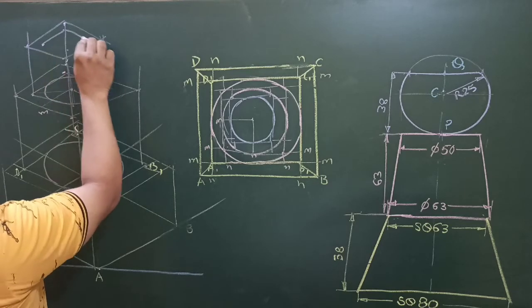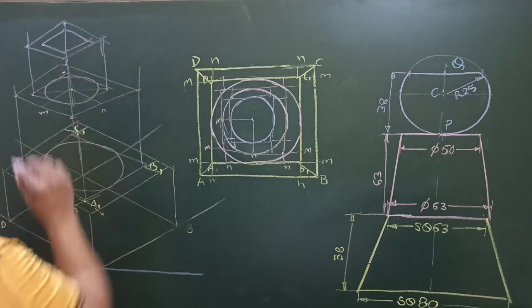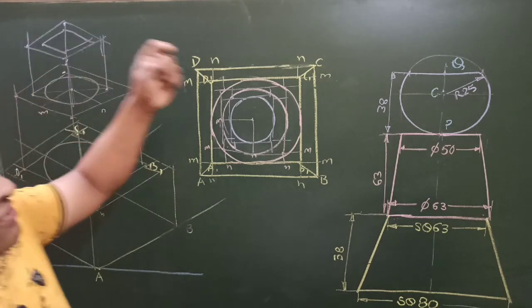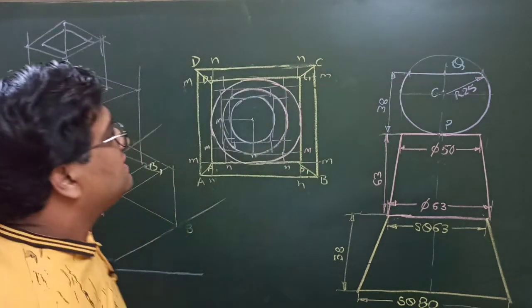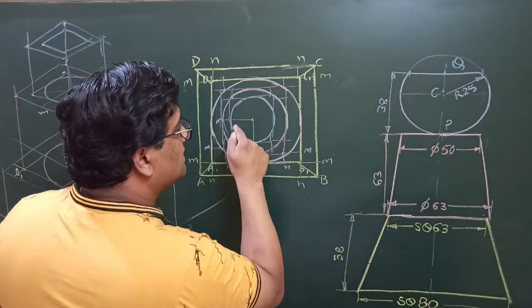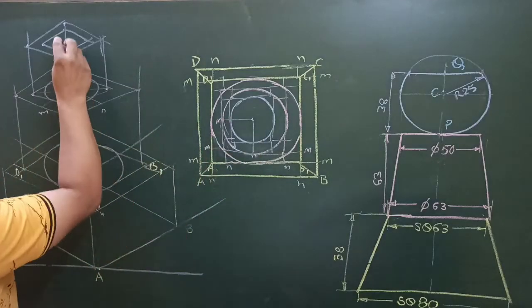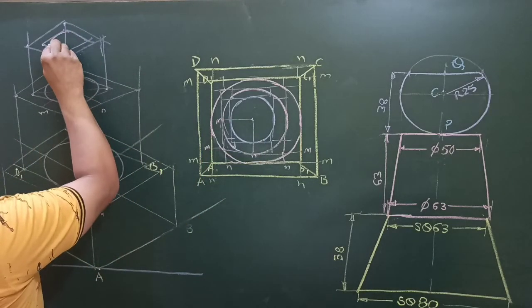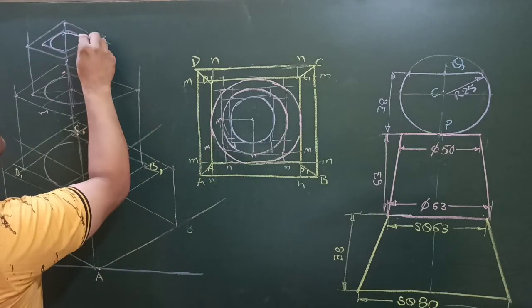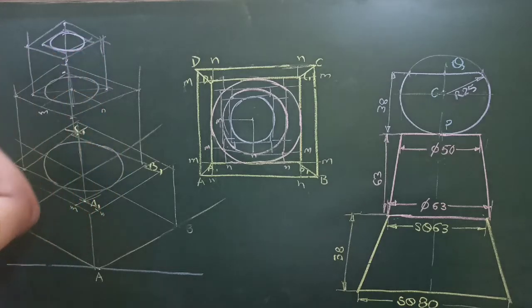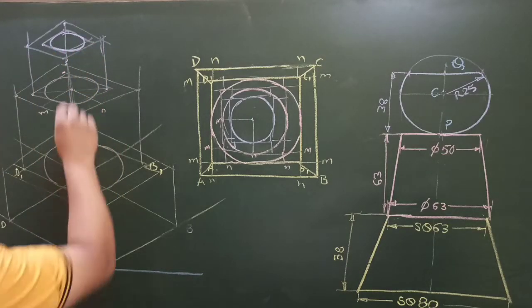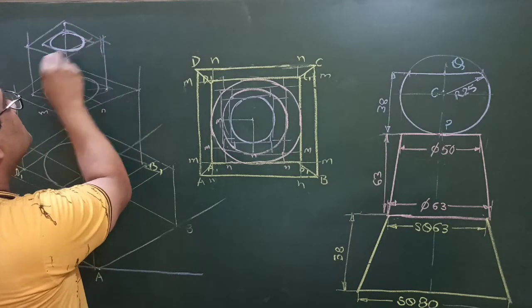Say this one. Inside this rhombus you can draw the topmost face, the spherical part, this circle which is visible like an ellipse. So using the 4 centers method, again draw another ellipse like this. So this purple color is the top face.